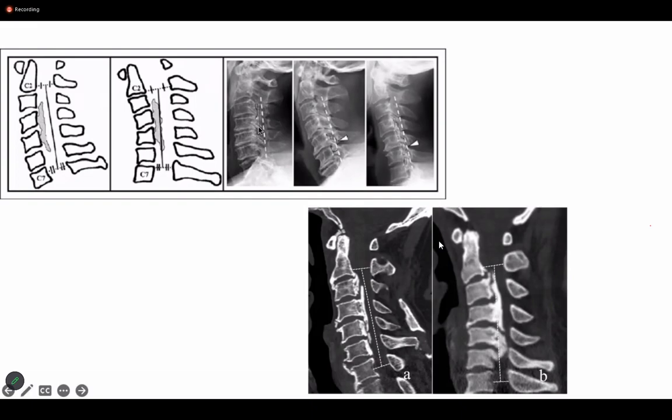In X-rays, the first is K-line positive, and the other is K-line negative. And in CT scanner, you can see K-line positive with continuous type, and here is K-line negative with mixed type and continuous with segmental type.